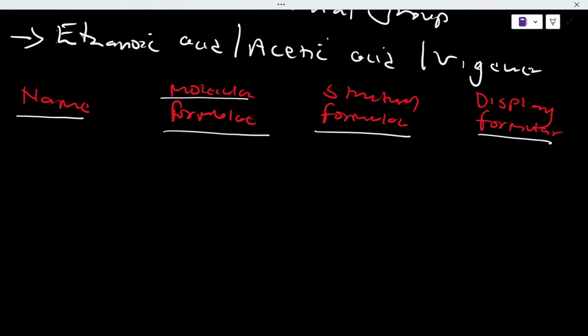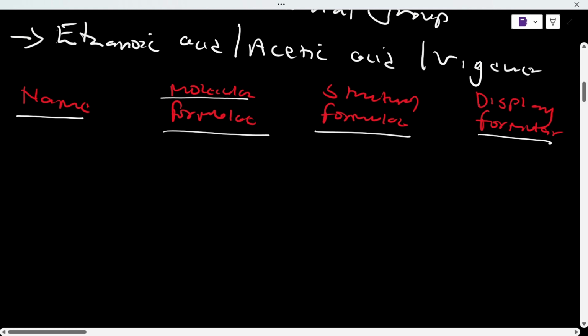So the first four, I'm going to start with methanoic acid. Molecularly, methanoic acid is written as CH2O2.